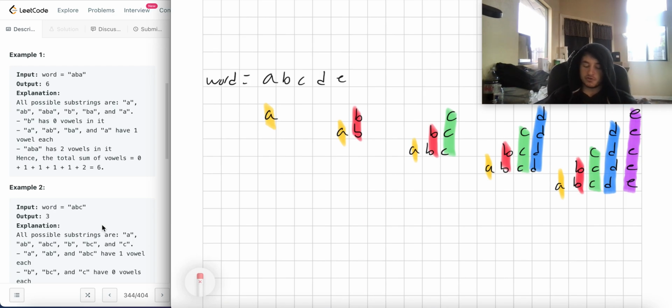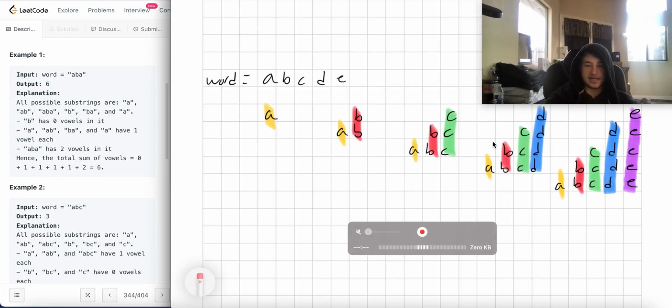Well, C would contribute 9 times, because it's in 9 substrings. C is in its own substring alone. It's in BC, ABC, CD, BCD, ABCD, CDE, BCDE, and ABCDE.